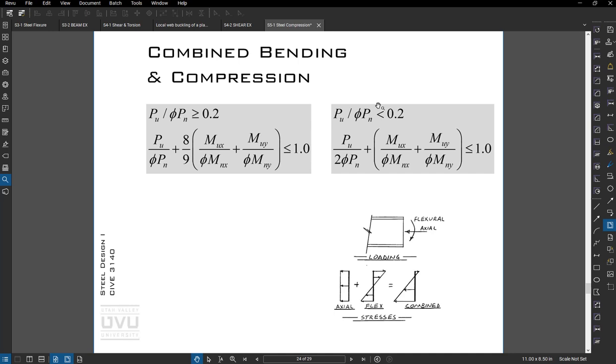If we have low axial stress, then we have this different equation, and really it just boils down to what the factors are on things. But the bottom line is we're looking at ratios of demand and capacity for both axial force and moment. And the reason we can add them together is because the stresses add like they do right here.